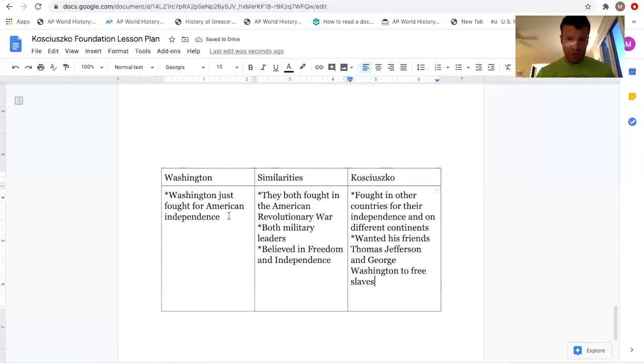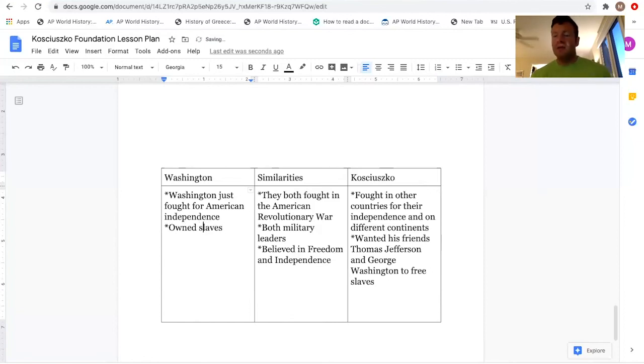Whereas in this case, George Washington actually owned slaves because slavery was very much a part of the American economy in the South at the time, where they grew cotton, where they grew tobacco too, primarily in Virginia. In this case, it was tobacco.